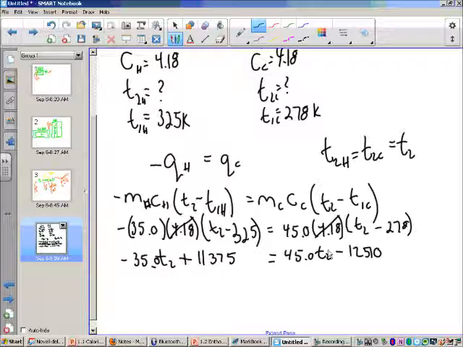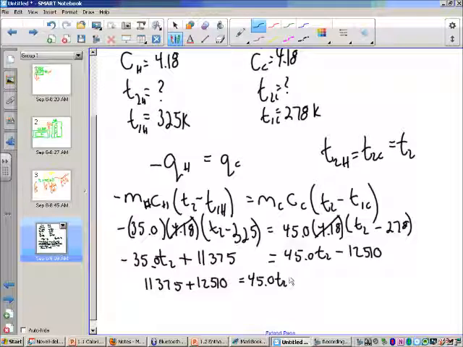I would bring the negative over here to make it positive, so we're dealing with positives, and I'd bring this guy over to the other side. So I'd have my 11,375, and that's going to be plus 12,510 equal to 45.0 T2 plus 35.0 T2.